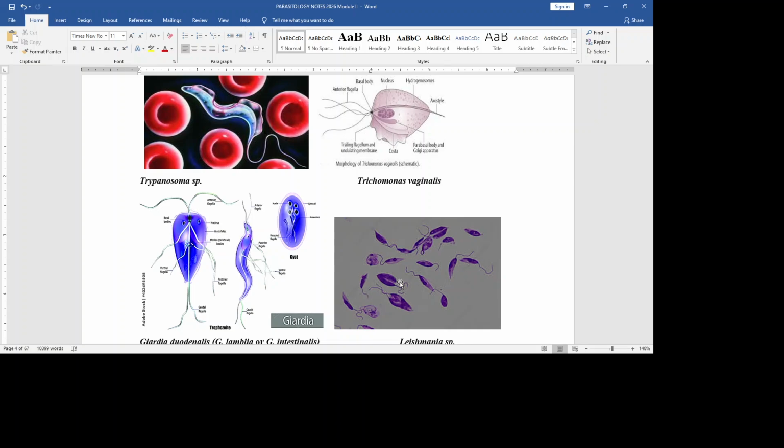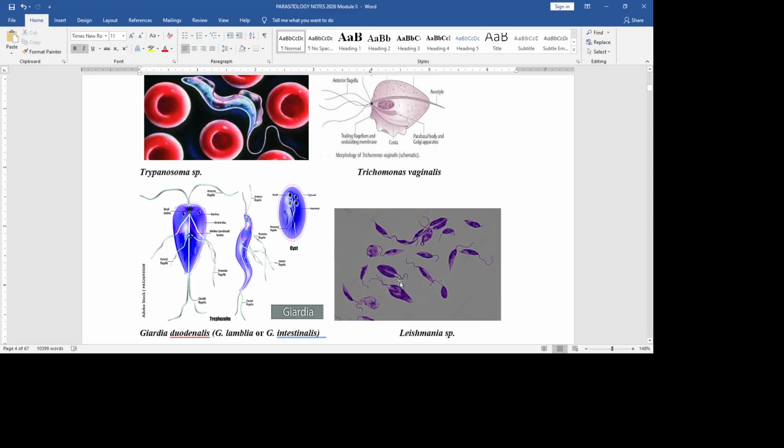It has a single flagellum, and so these mastigophora or flagellates rely on these flagella for their locomotion, and they have some which are intracellular, or those which live within the tissue. They have the undulating membrane to aid the parasite in swimming through the fluid.